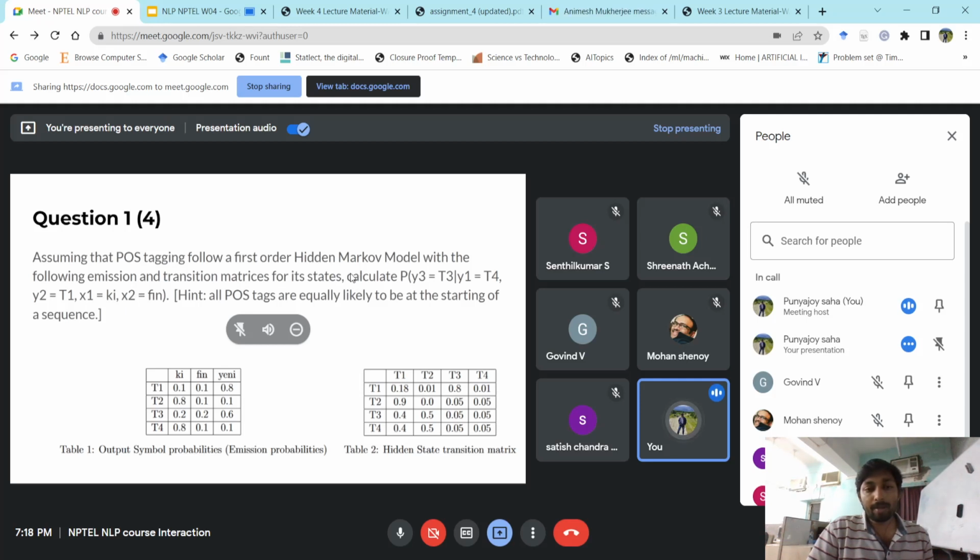We want to calculate this part: P(y3 = t3 given y1 = t4, y2 = t1, x1 = ki and x2 = fi). So y1 and y2 are the two POS tags of the previous words, and x1 and x2 are the words.